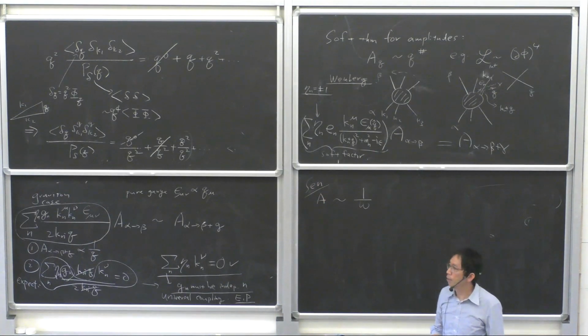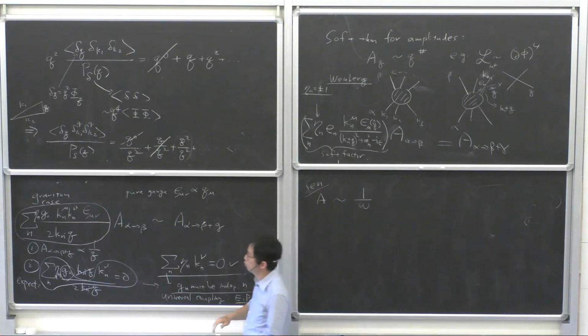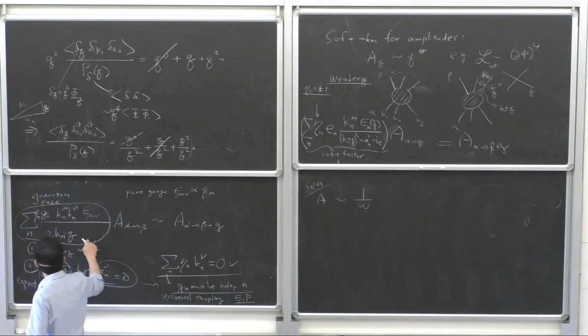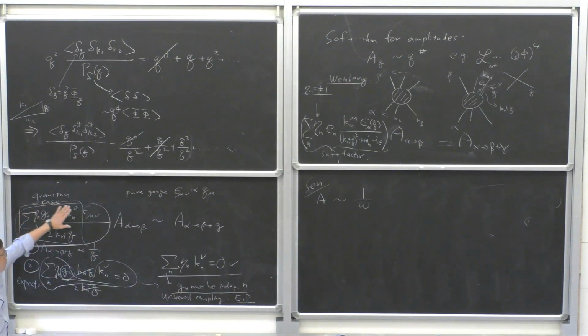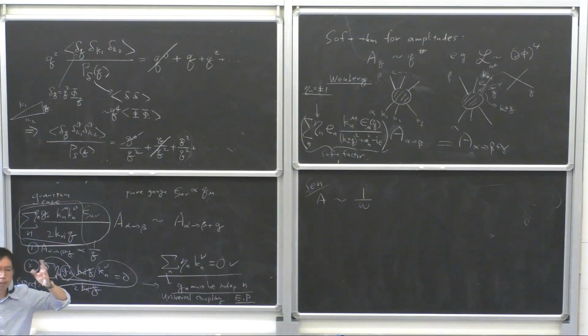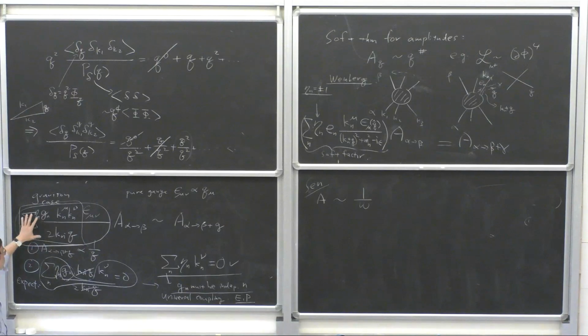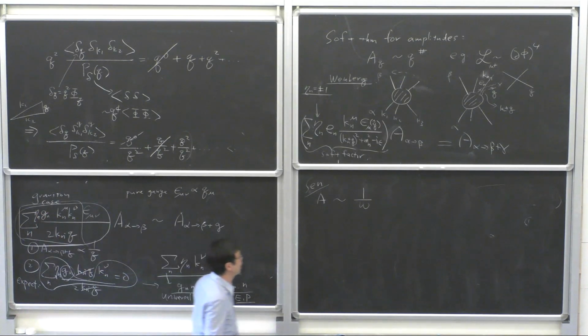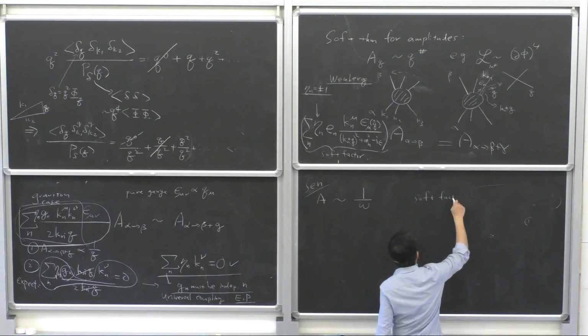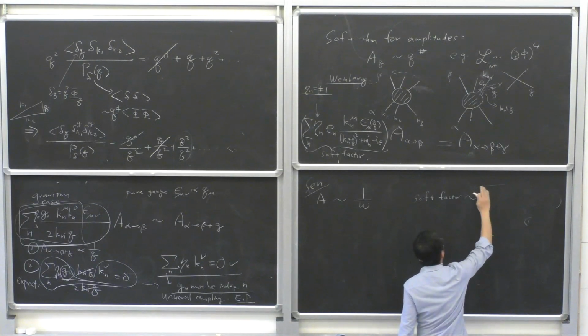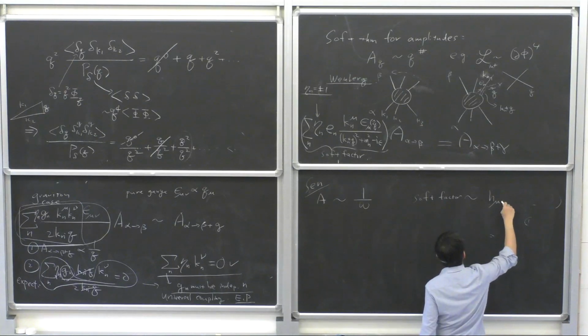That tells you that there is some sense in which you can think of this part, even though it's just a soft factor in an amplitude, as, roughly speaking, a classical graviton field. So the soft factor roughly speaking gives you actually h mu nu.